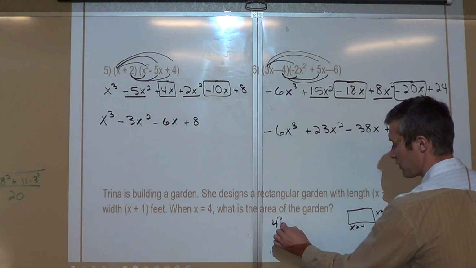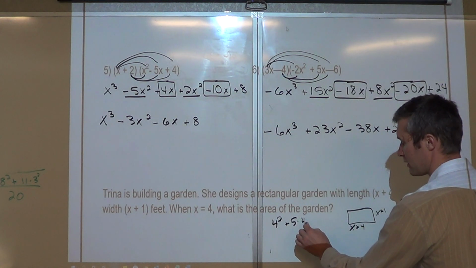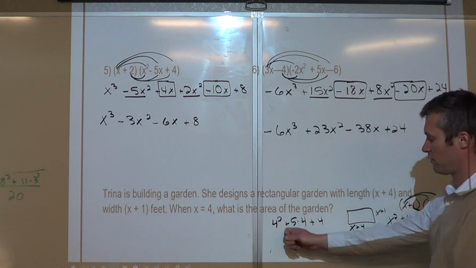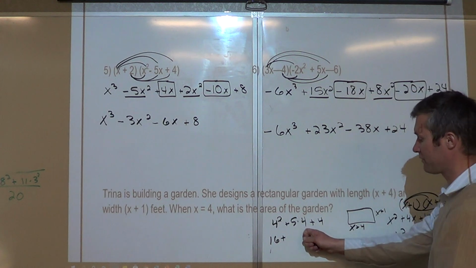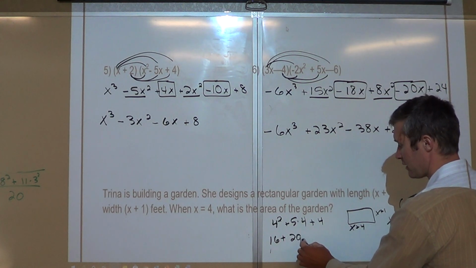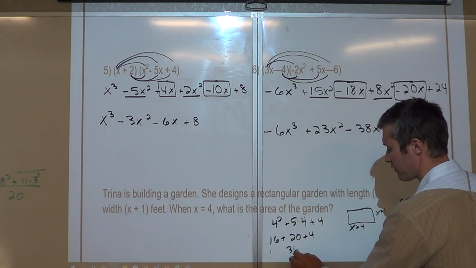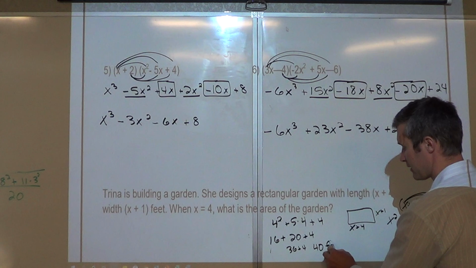So 4 squared plus 5 times 4 plus 4. So 4 squared, 4 times 4 is 16, plus 5 times 4 is 20, plus 4. So 36 plus 4 would be 40 feet.